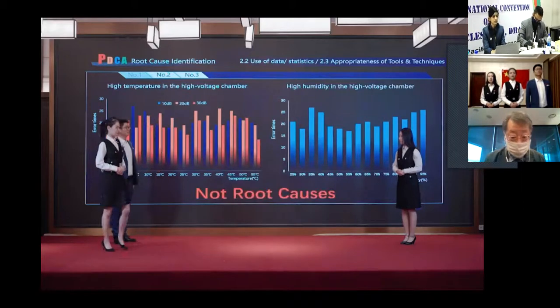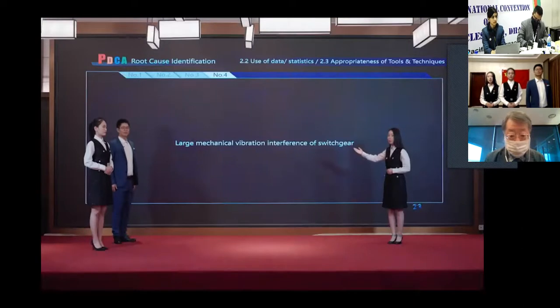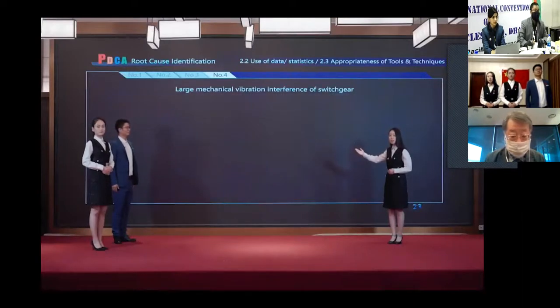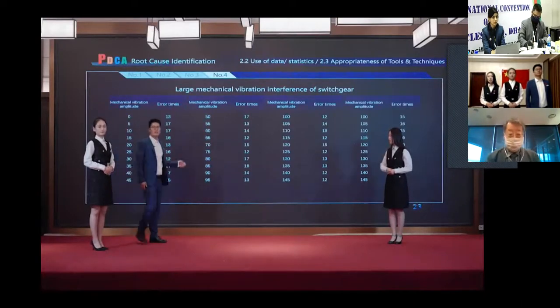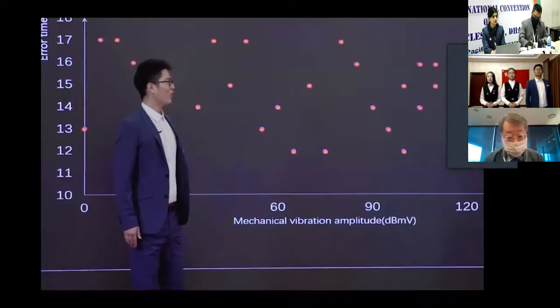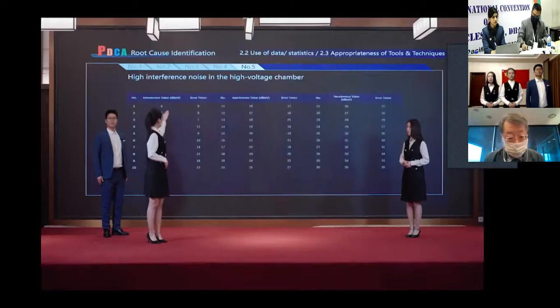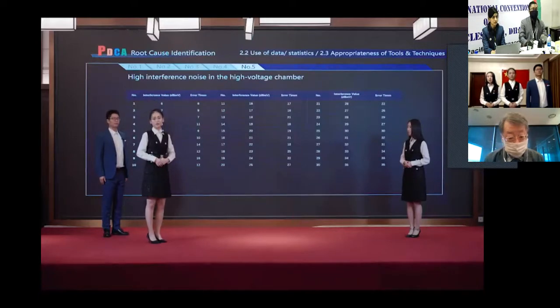They are not root causes. How about number 4, large mechanical vibration interference of switchgear? We can see there's no correlation between the defects and the amplitude of mechanical vibration, so it is not a root cause. Number 5, high interference noise in the high voltage chamber.